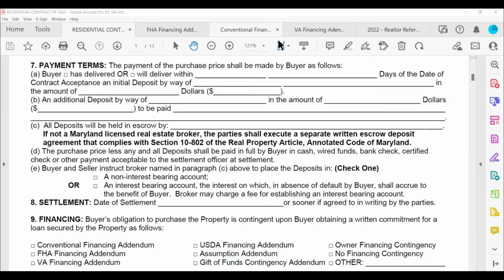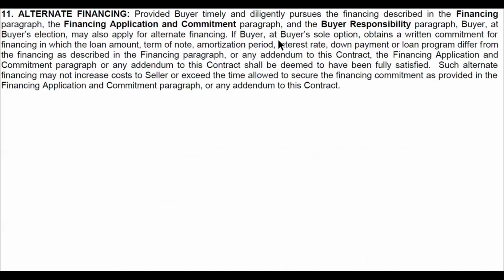We then go to the conversation of number 11. Briefly, number 11 of the sales contract does prepare the buyer for, we always want the individual to shop around. So when people are shopping around, we do want to encourage them to shop around as much as possible prior to the offer being compiled and presented.